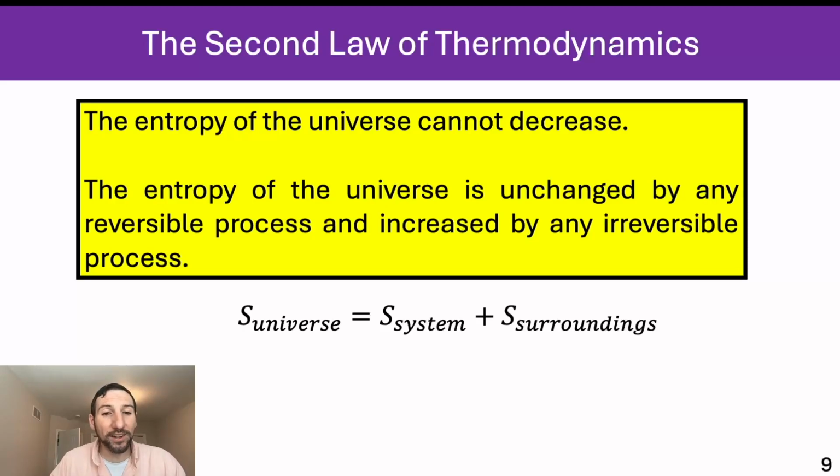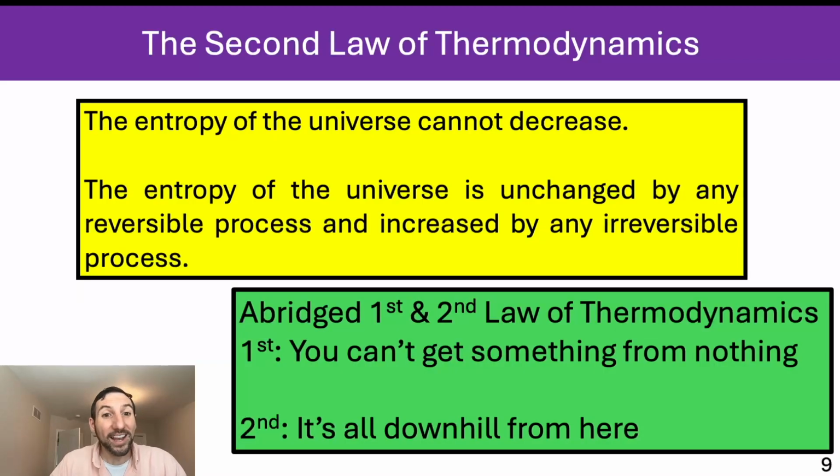Now, in a previous video, I talked about a quick way to remember the first two laws of thermodynamics if you ever forgot. This is a less technical version, but I'm just putting it out there to help you remember the first two laws of thermodynamics. And those are, you can't get something from nothing, and it's all downhill from here. That means that in the first law, you can't create energy from nothing.